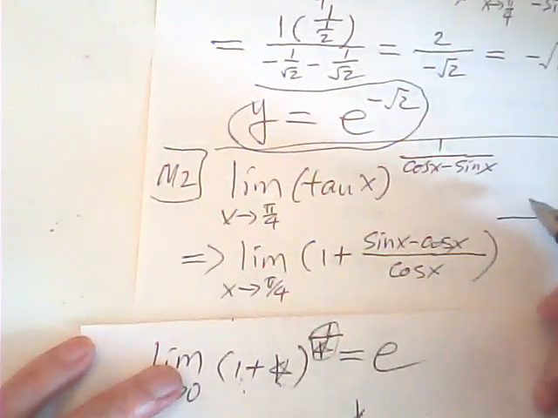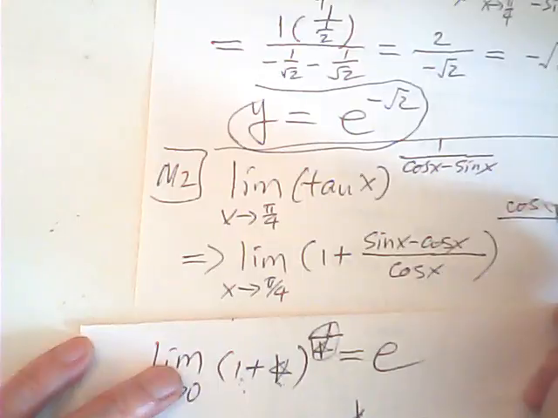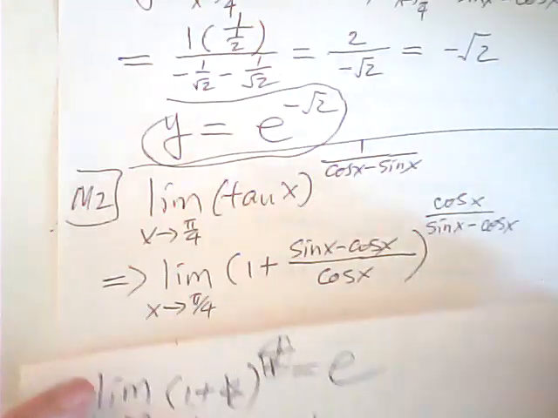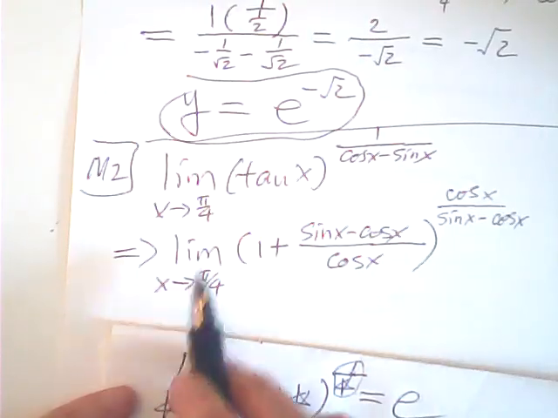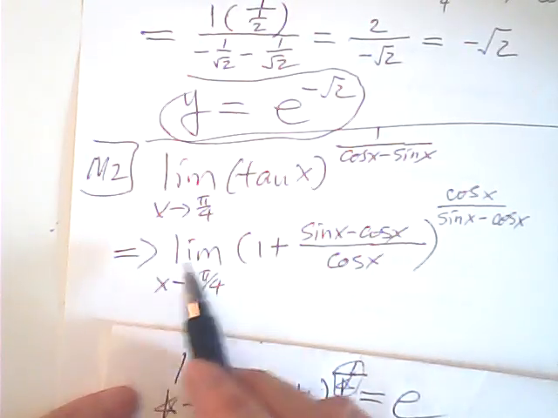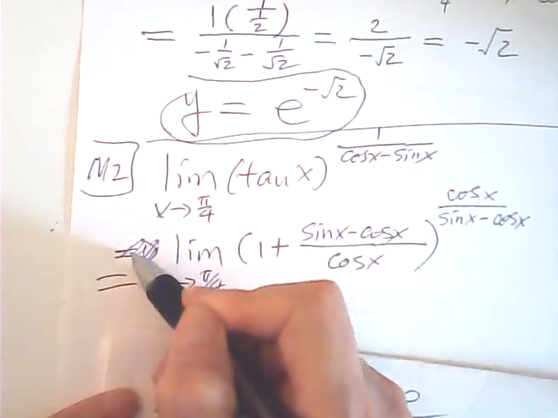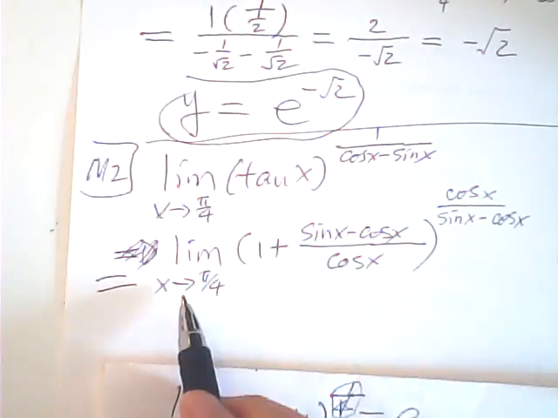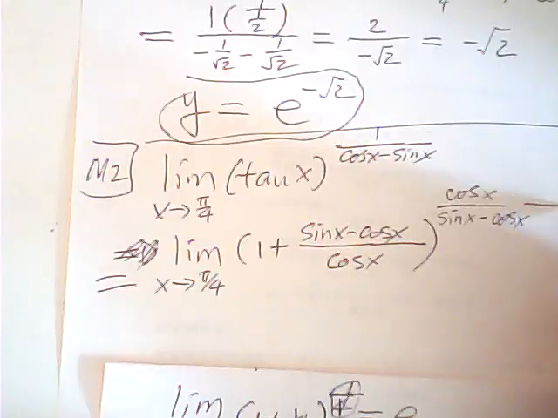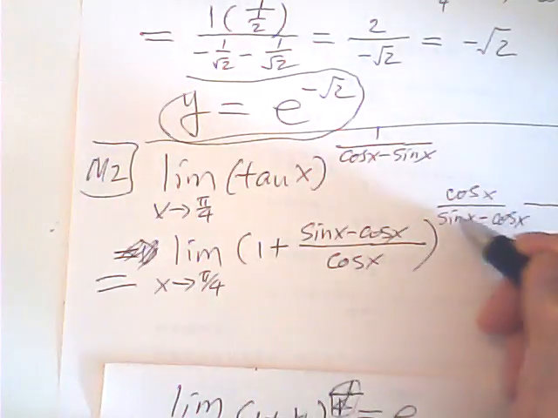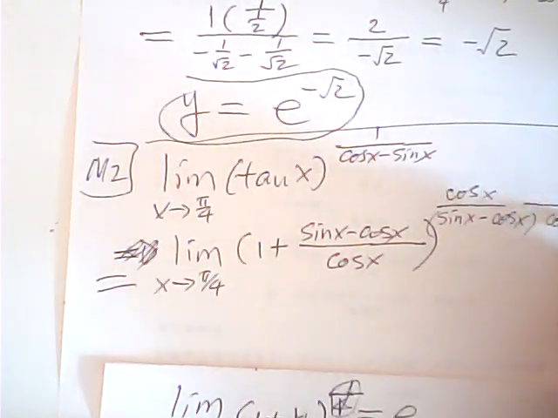The reciprocal of that is cosine over sine minus cosine. If I write this way, it's no longer equal to our limit, right? I want this one to be equal to that. Therefore, I have to delete that one by multiplying cosine under sine minus cosine.